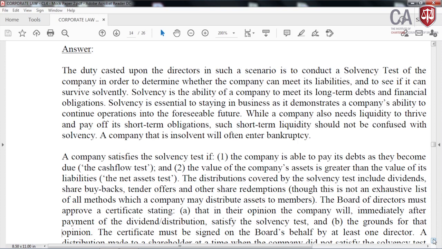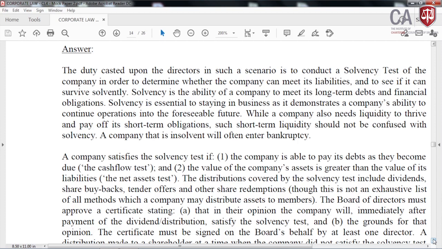While a company also needs liquidity to thrive and pay off its short-term obligations, such short-term liquidity should not be confused with solvency, because sometimes you may require taking loans as a short-term means of meeting the company's liabilities and business efficacy rather than closing down the company.